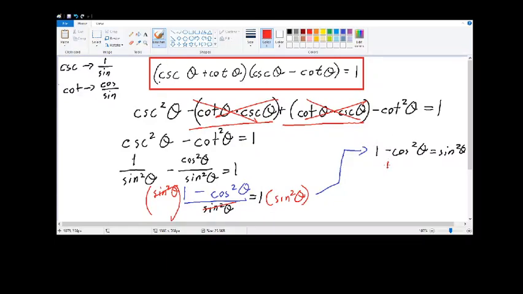And we all know what we did there. We added cosine squared theta to both sides to give us 1 is equal to sine squared plus cosine squared, which is just 1 equals 1.